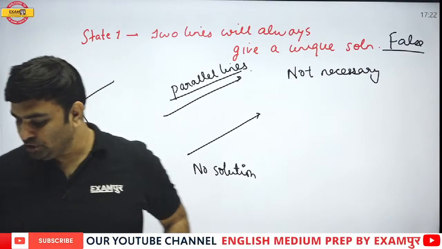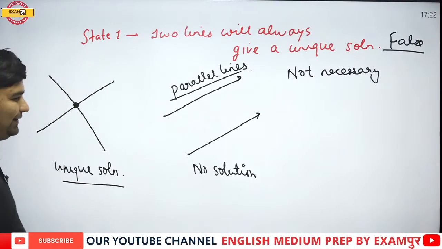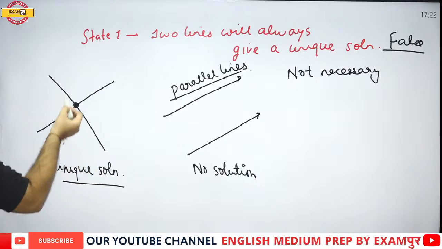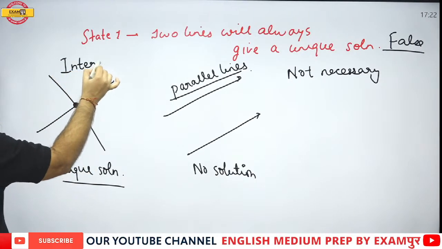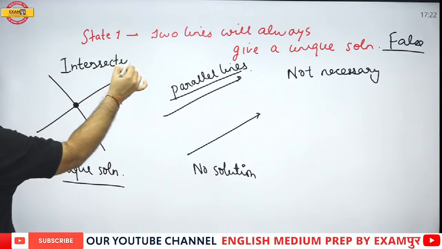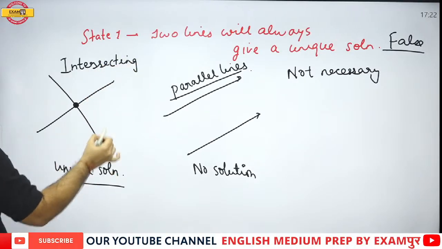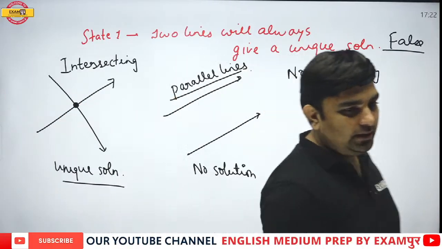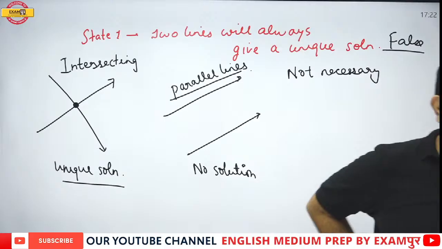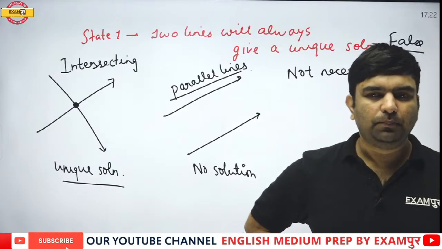And these are intersecting lines. If the lines are intersecting, then definitely they are intersecting at a single point, the point of intersection.